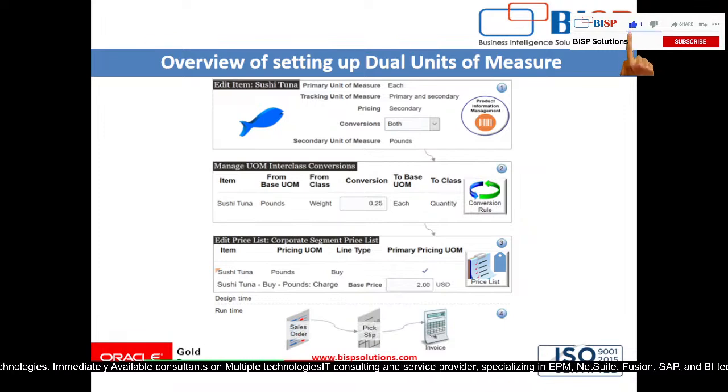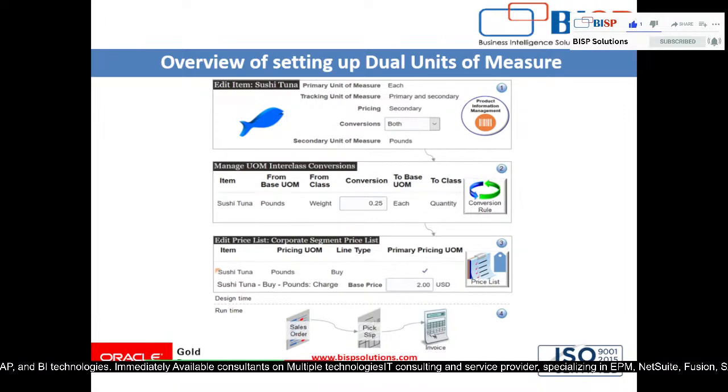If you set primary and secondary, then you are telling your order management application that you have set our item as a dual unit of measure. And the next one is pricing.